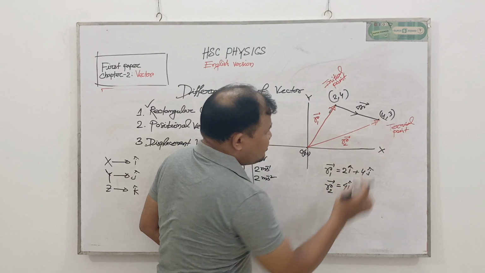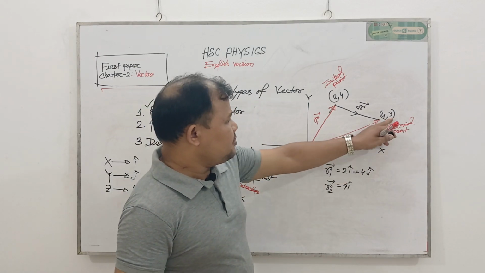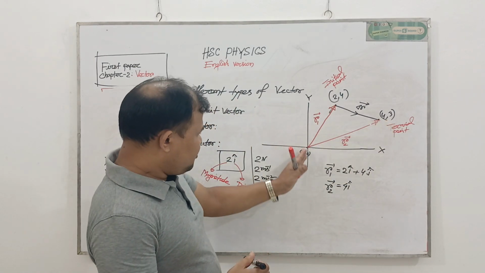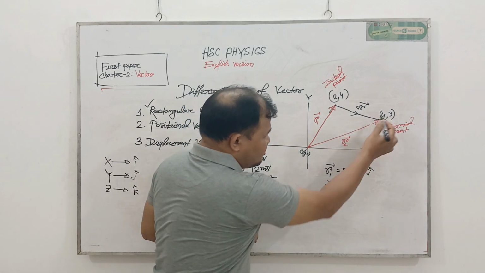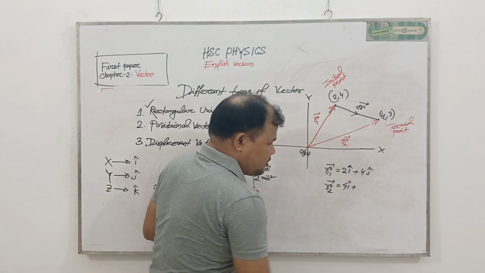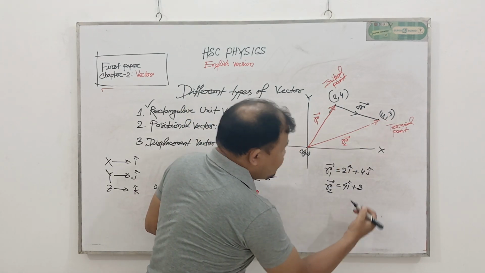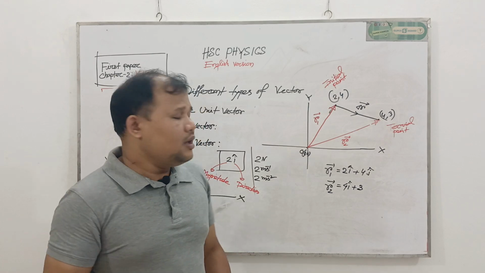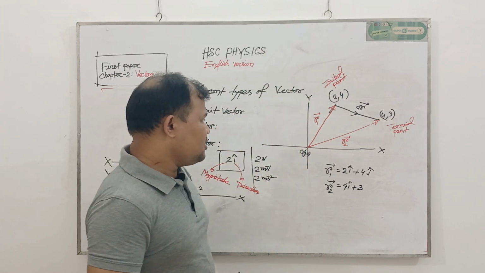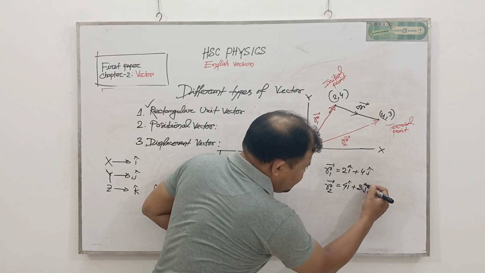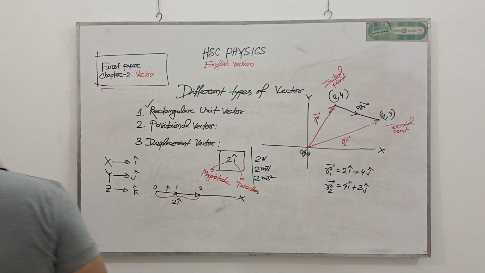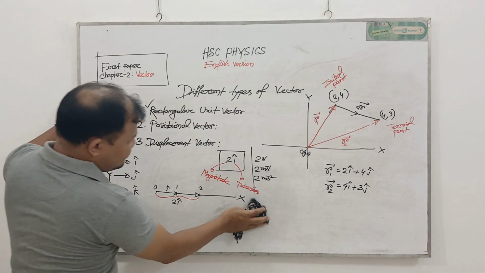Then we can see here 3. 3 is a value along the positive side of the y-axis. As this is positive, we write here positive 3, and we use the unit vector j cap. My dear student, I think all of you clearly understand.